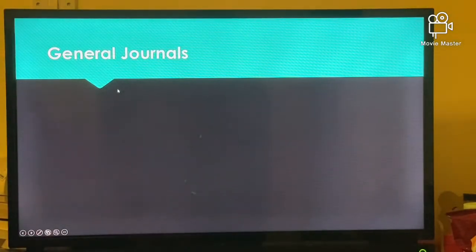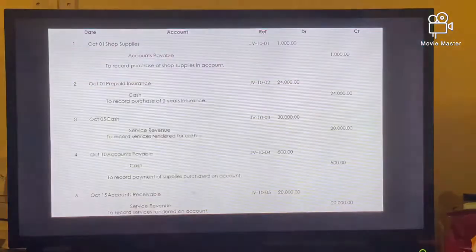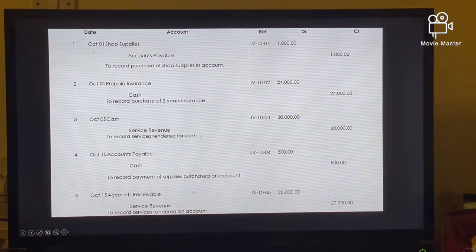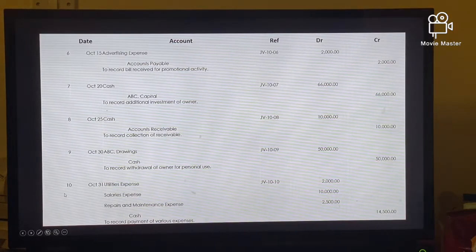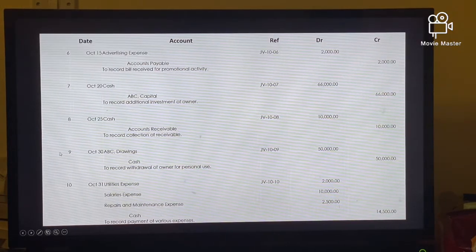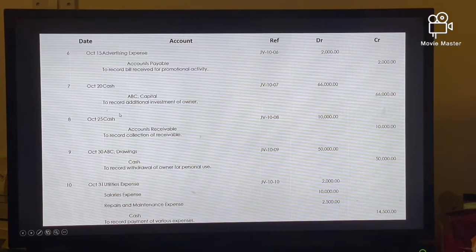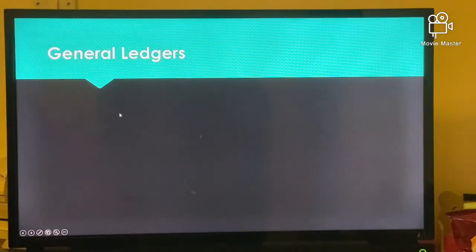Okay, so here are the general journals that we created in the first video. Transactions 1 to 5 and transactions 6 to 10. So in the second video, we transferred these journals to our general ledgers.